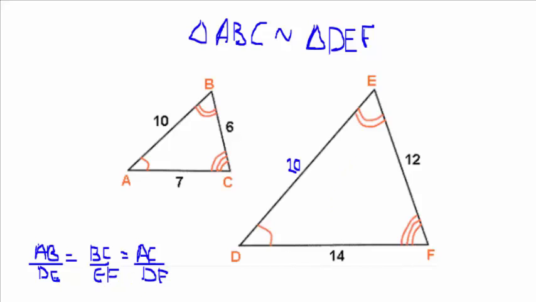In the diagram, triangle ABC is similar to triangle DEF, where angle A is equal to angle D, angle B is equal to angle E and angle C is equal to angle F. Also, AB upon DE is equal to AC upon DF is equal to BC upon EF, since they are in proportion.